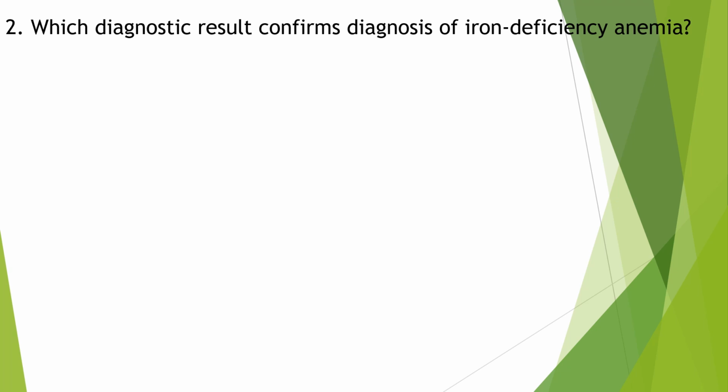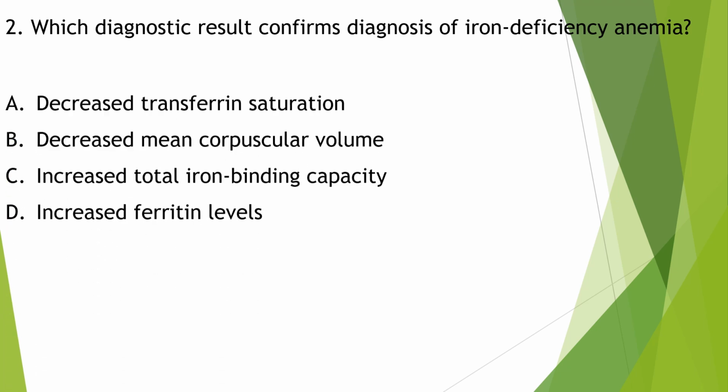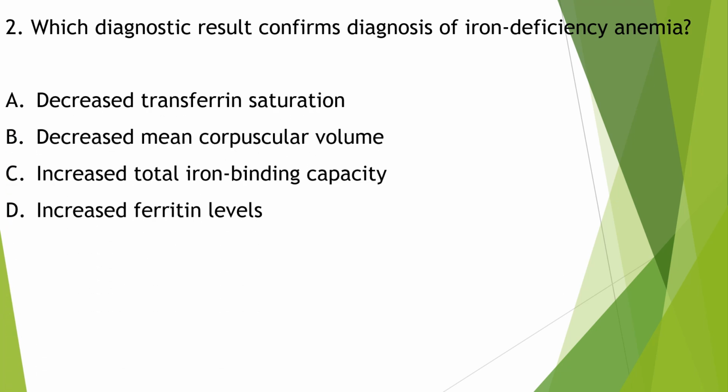Which diagnostic result confirms diagnosis of an iron deficiency anemia? Decreased transferrin saturation, decreased mean corpuscular volume, increased total iron binding capacity, increased ferritin levels. Here you need to know what is total iron binding capacity. Total iron binding capacity or TIBC measures the amount of iron that appears in plasma if all transferrin is saturated with iron.